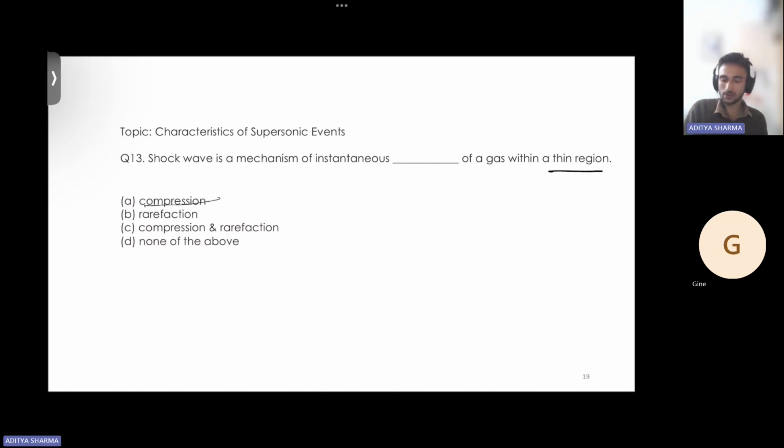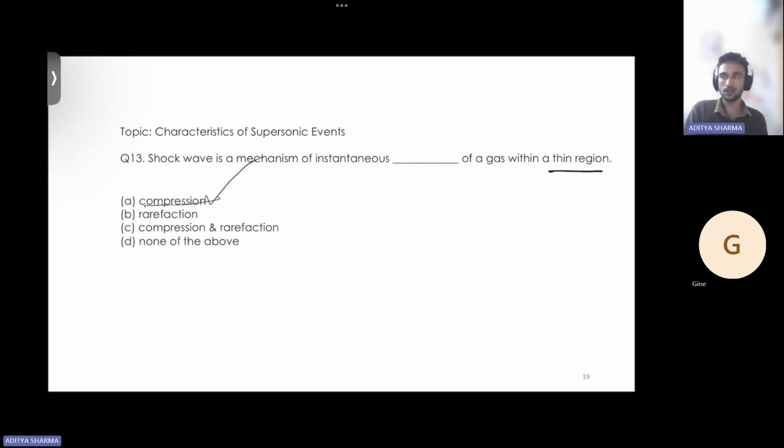Okay, so yes, compression is right. This is a very quick way of compressing a particular fluid: shock waves. The static pressure across a shock wave increases, right? We all know this. So from that alone, you can answer this question: there is compression linked to shock waves.